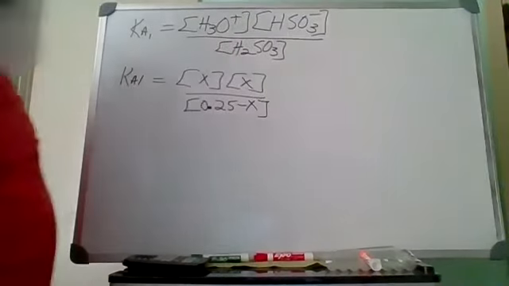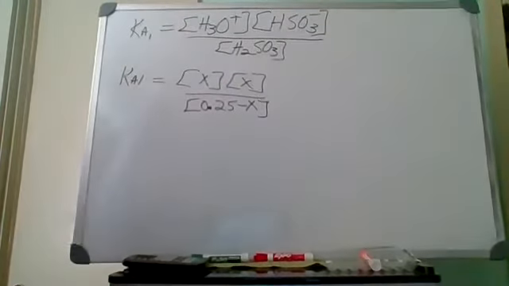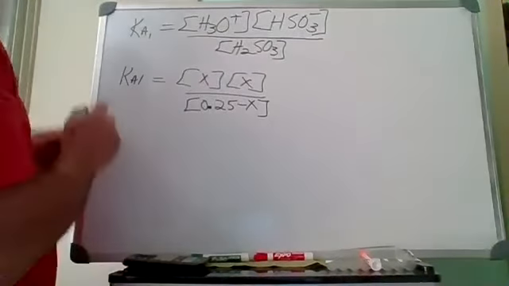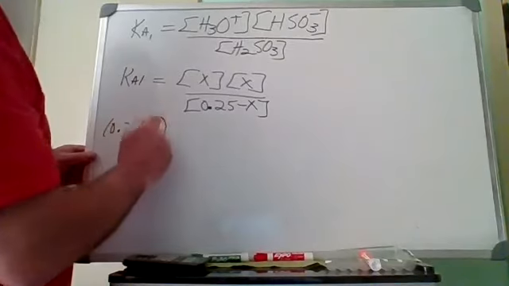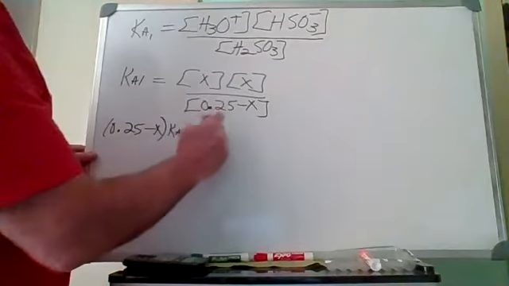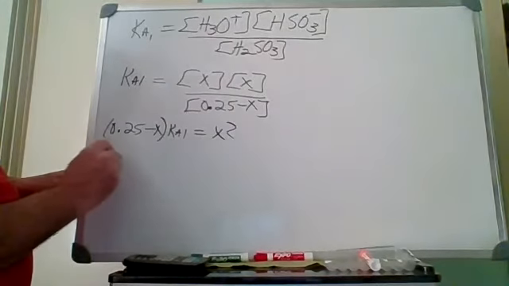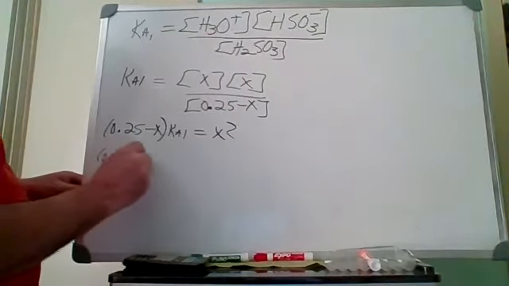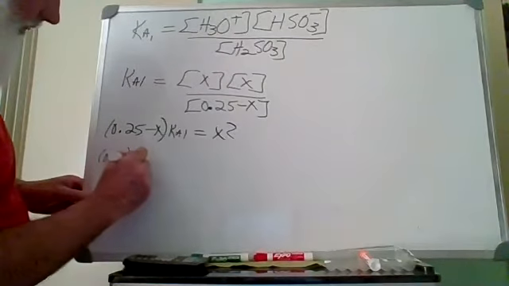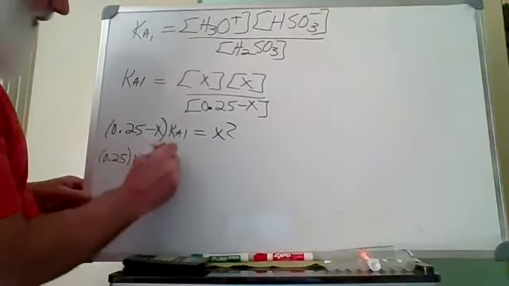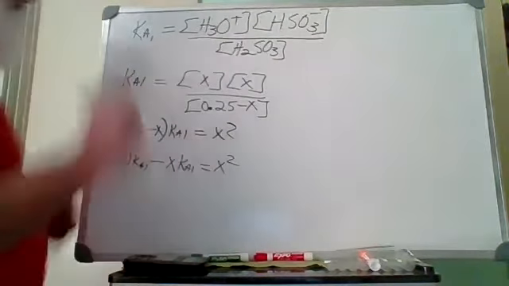All right, so we're going to rearrange this. I'll bring this over to the other side. So I'm going to have 0.25 minus x times Ka1 equals x squared. Let's distribute this: 0.25 times Ka1 minus x times Ka1 equals x squared.